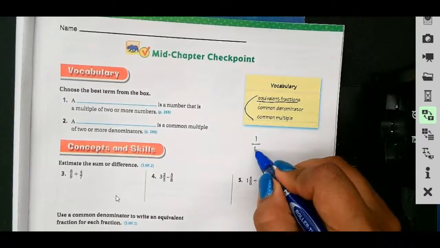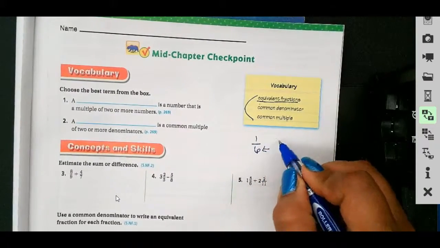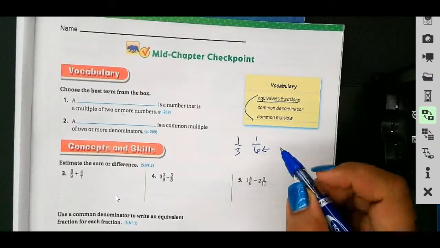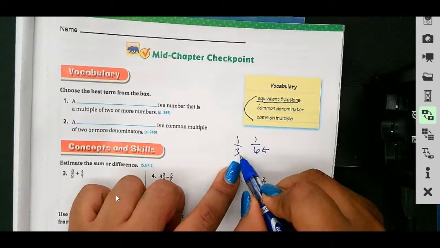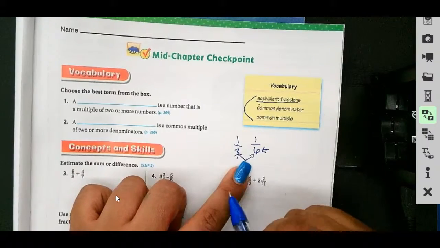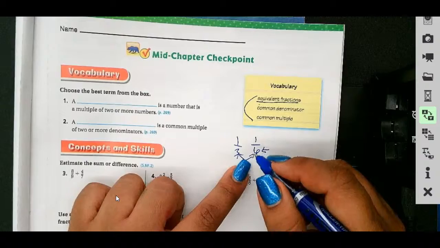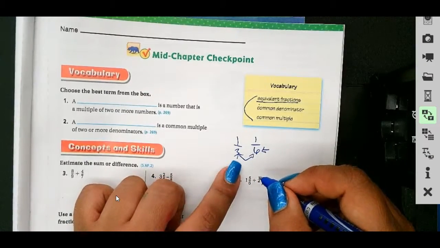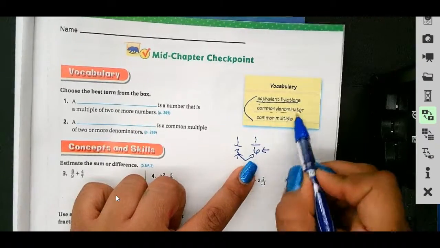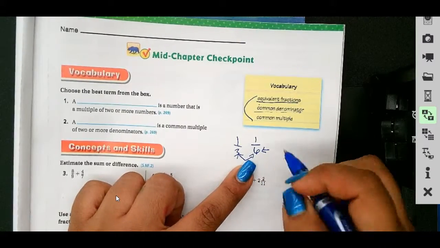So if we have, for example, 1/6, this is our denominator. So when we have 2 fractions, we need the denominators to be the same number, because when we add or subtract fractions, we have to have the same denominator in order to do that. So common denominator is when 2 fractions have the same denominator.